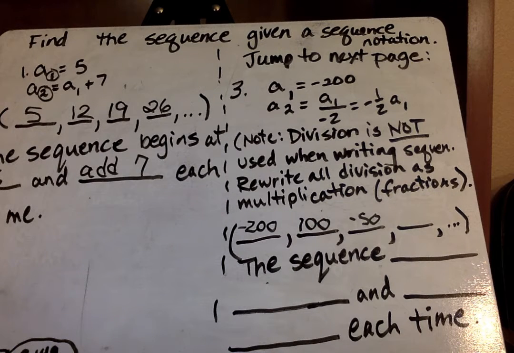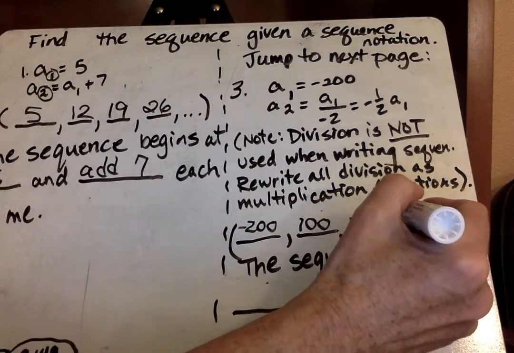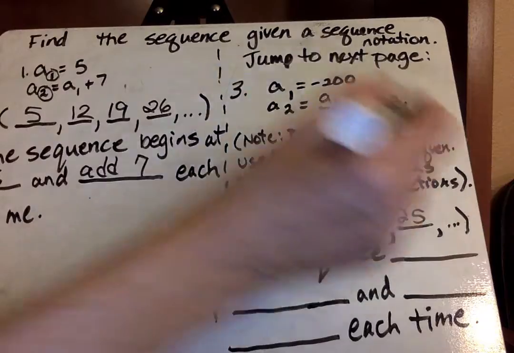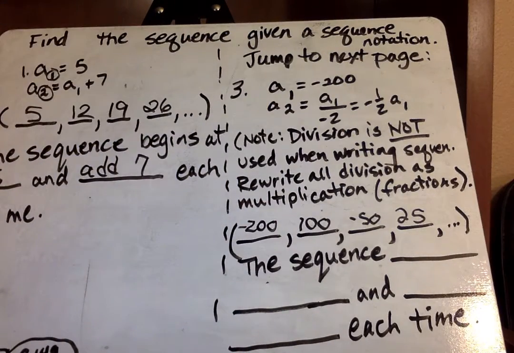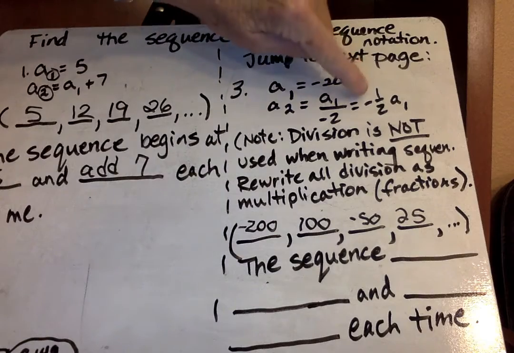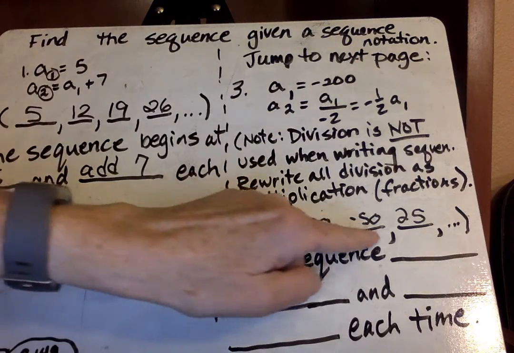Then the next one, times by negative 1/2, and you will get 25. So again, notice that this is negative, positive, negative, positive, and that's what happens when you multiply by a negative number each time. And then our numbers are divided in half each time.